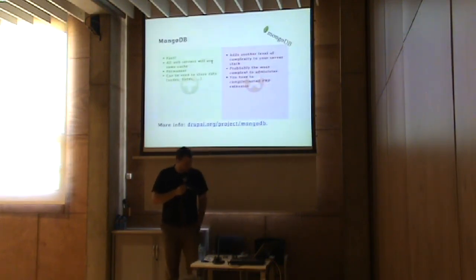Another storage mechanism you can use for cache is Mongo. Mongo is a document database. It can be used with Drupal. Some Drupal sites use it. It is fast, but it stores everything on disk. It doesn't use RAM.